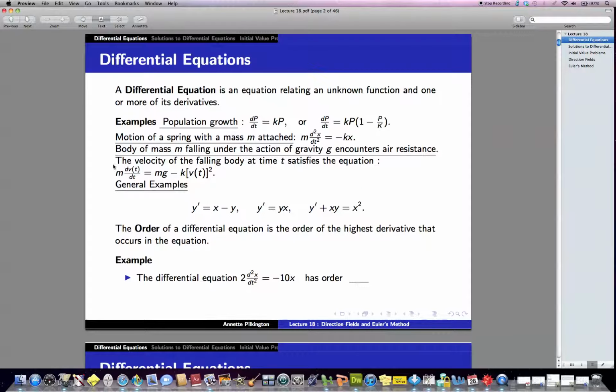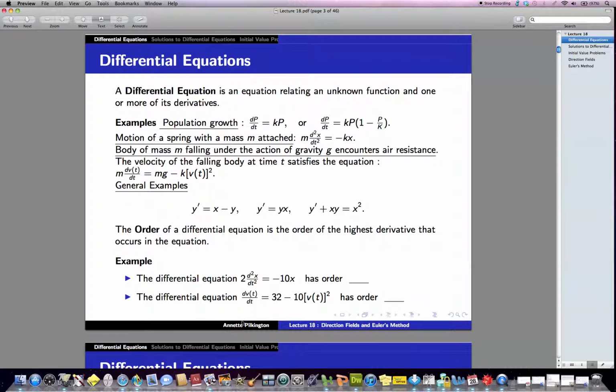Here's an example of a second-order differential equation. This could be the equation describing the motion of a spring. You see that the derivative here has order 2, and that's the highest order of any derivative in the equation, so this is a second-order differential equation.